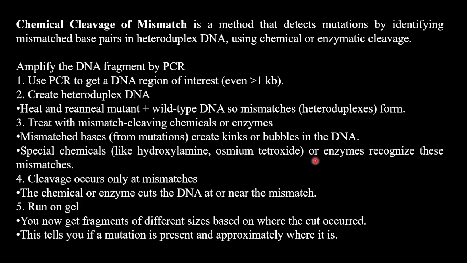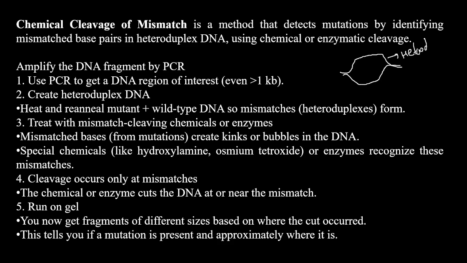Now, coming to the second technology used to identify mutations, which is the chemical cleavage of the mismatch. Once heteroduplex DNA is formed, it forms kinks or a bubble. For example, here you can see they can form a bubble-like structure at the position of the heteroduplex.